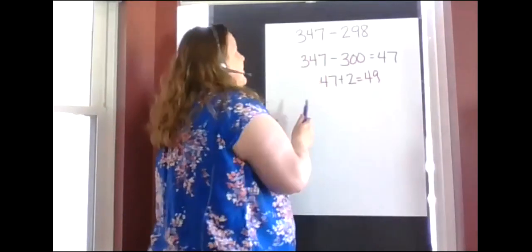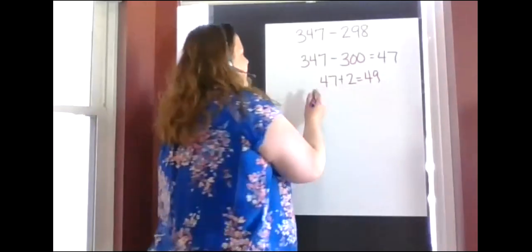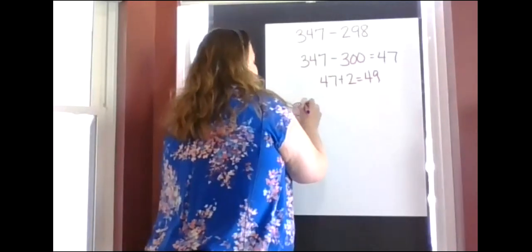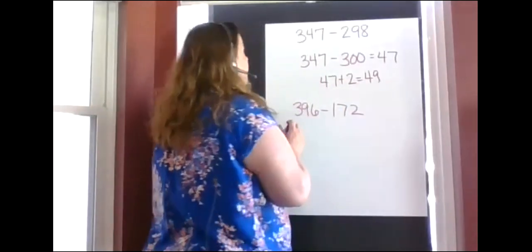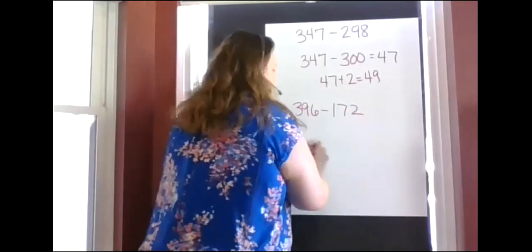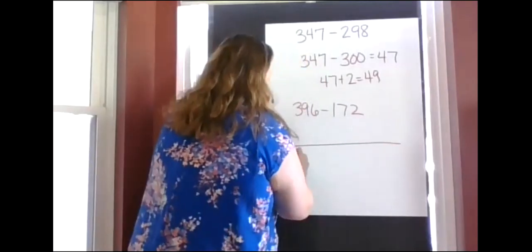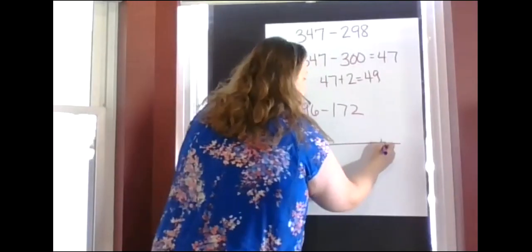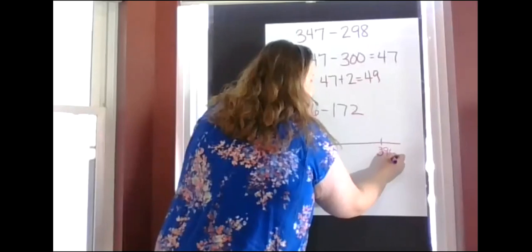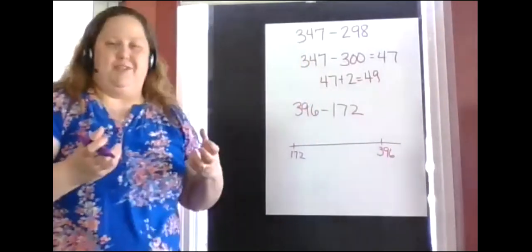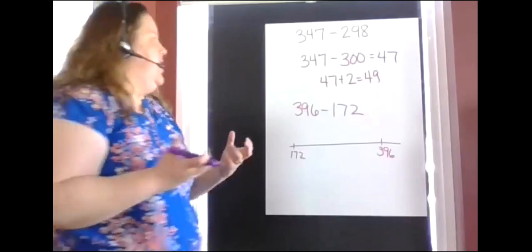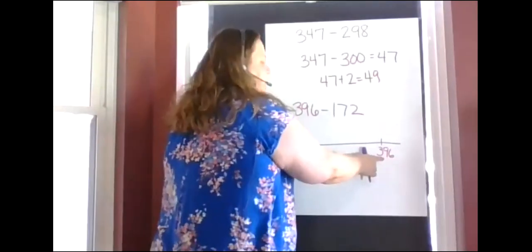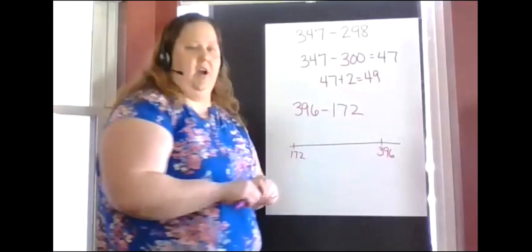They might also use something like a give and take. If I'm looking at 396 minus 172, I'm going to start with this number line, and I'm going to say, okay, 172 to 396. I don't like those numbers. They're not easy kind of numbers to use. So I know that 396 is really close to 400.